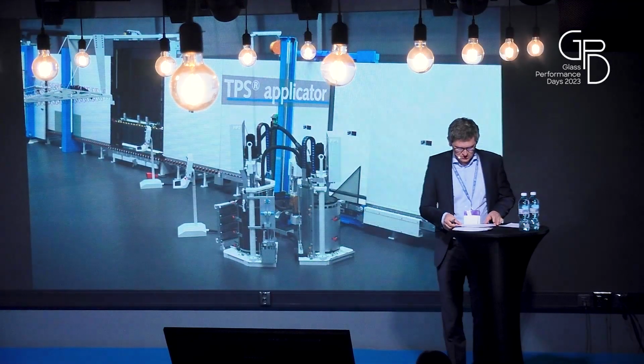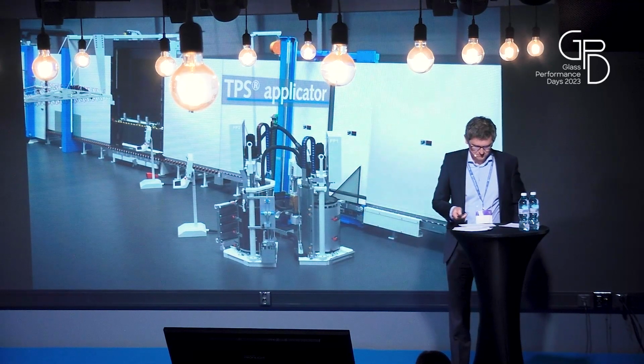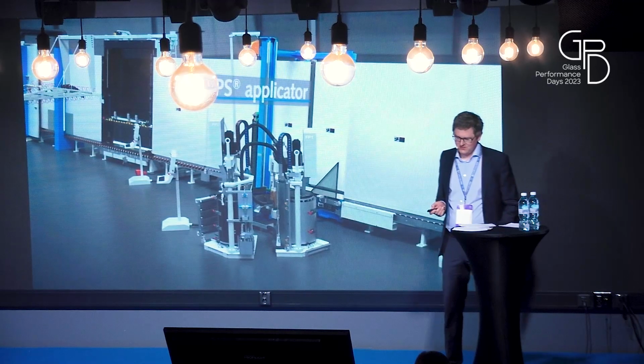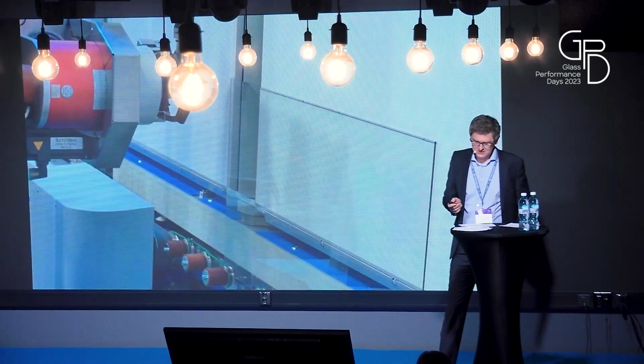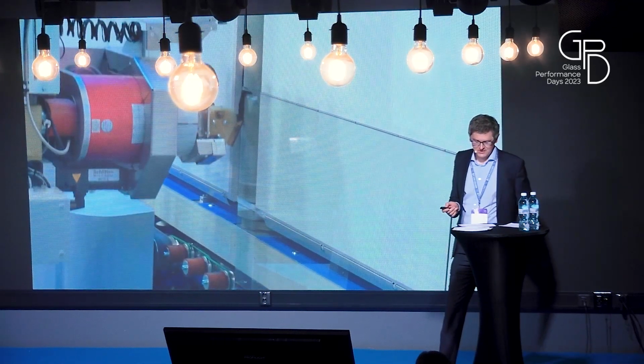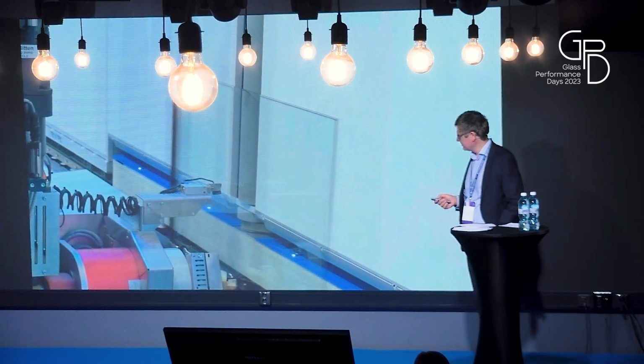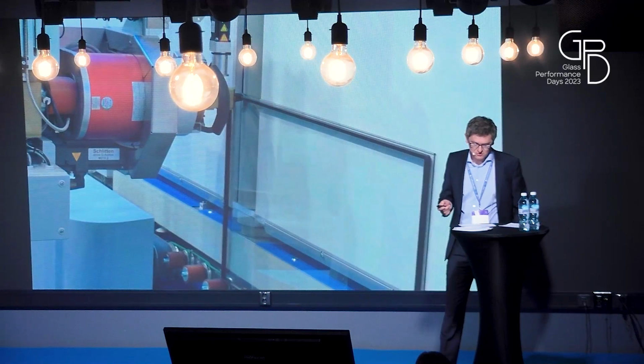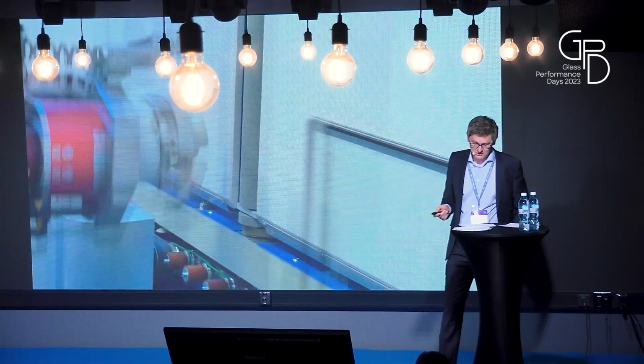Now I would like to show you what TPS is today. TPS is the direct application of a butyl-based material spacer on the glass. It's like a 3D printer for the production of the spacers. And it's very easy to vary different spacer widths.